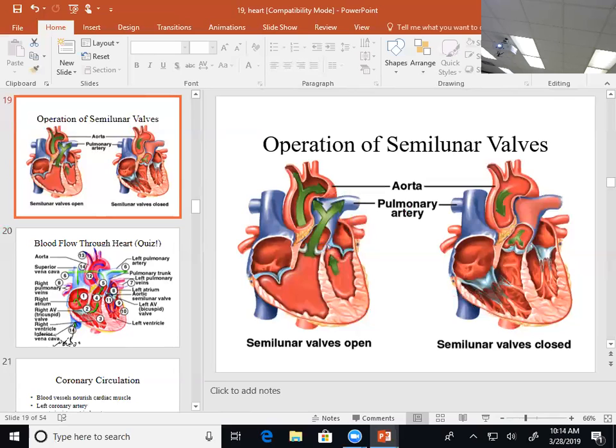The pulmonary arteries don't carry oxygenated blood. Do y'all get that? That's one of those times when you read a question and think, wait a minute, this is wrong. Pulmonary arteries are carrying the deoxygenated blood from the right pump to the lungs.